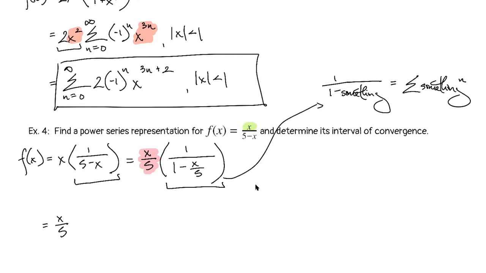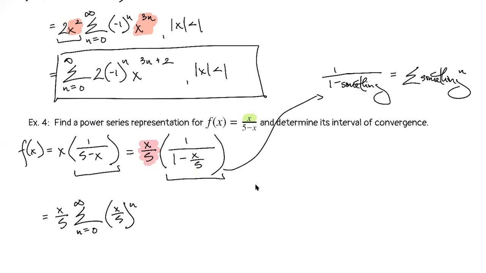So that's going to give me the sum of n equals 0 to infinity of x minus 5 to the power of n. Okay. Now before, when we were writing this, we also considered that interval of convergence, right?